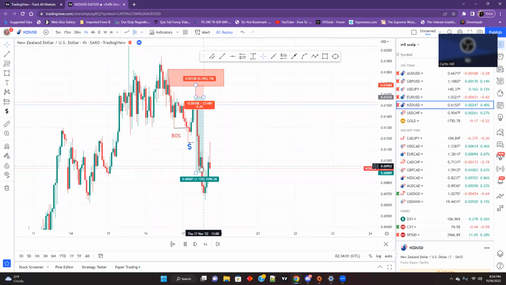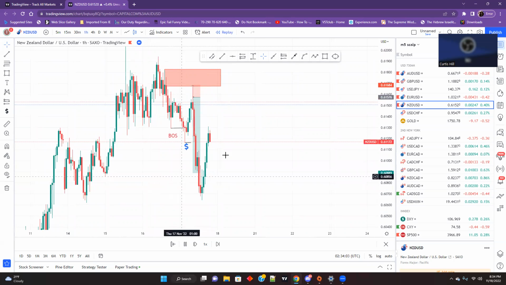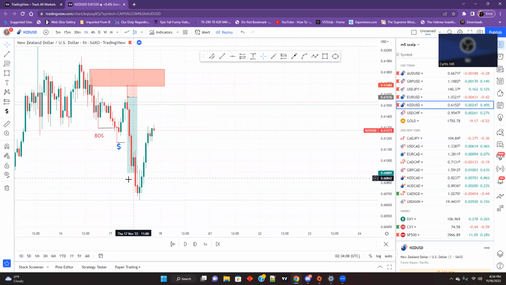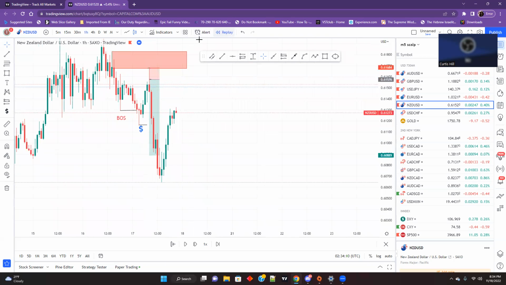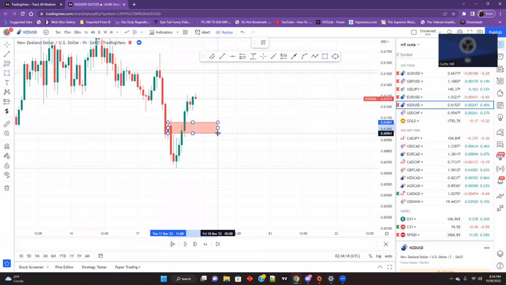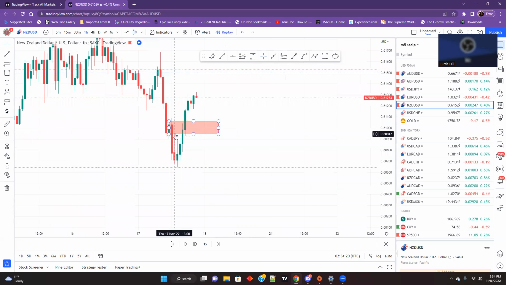And look right there. I'll show you something. See how after moves like that, you see how it created that supply right there, and then this one tapped it and went back down? You could take those too, because that would have been a fresh supply.